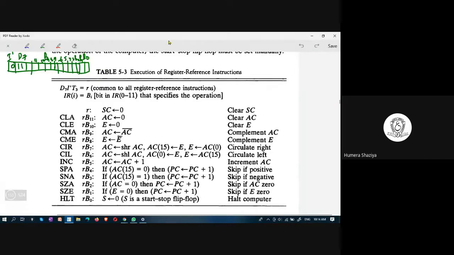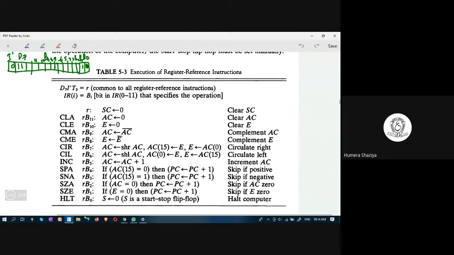Okay, totally 12 bits. When B naught is 1, then it is the halt operation. All others will be 0. When B1 is 1, all others are 0. It is the SZE operation.